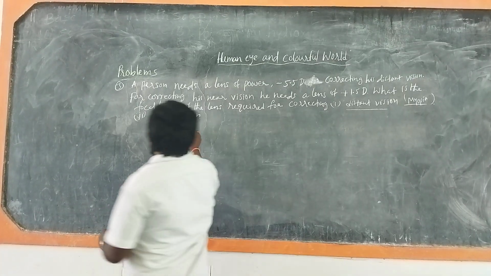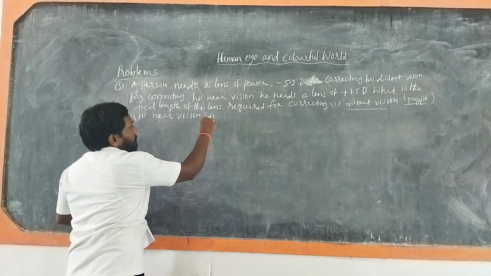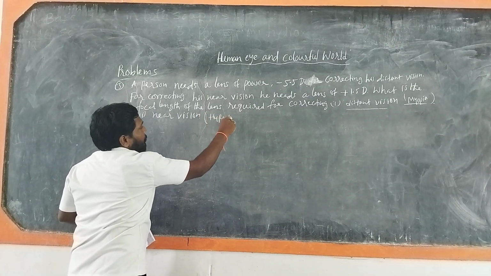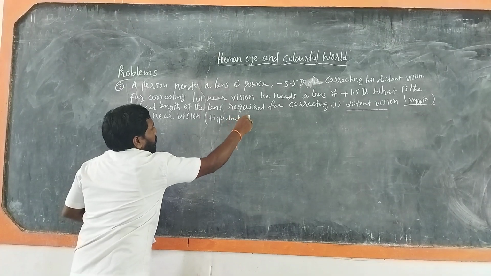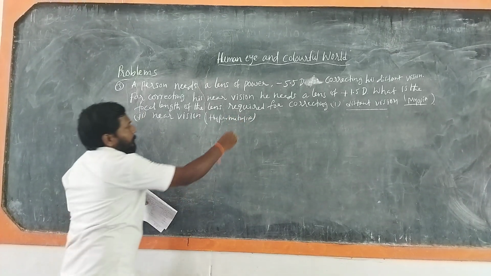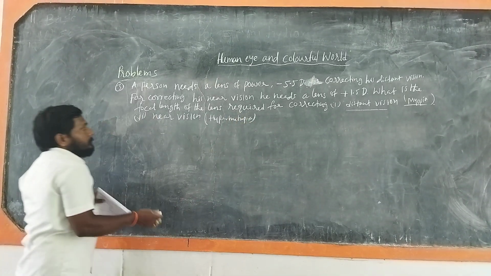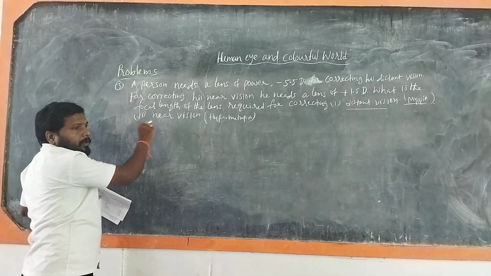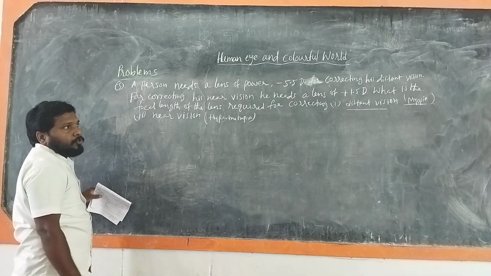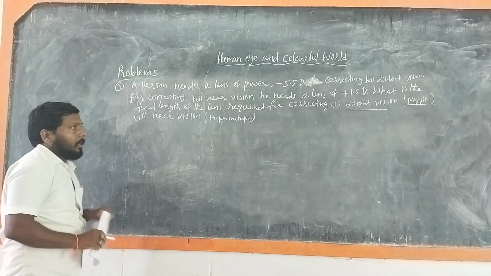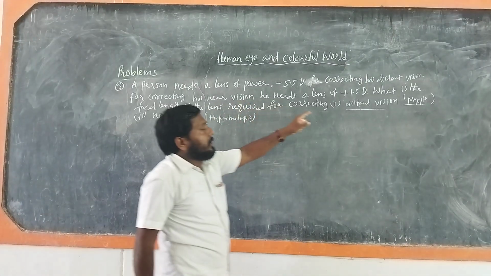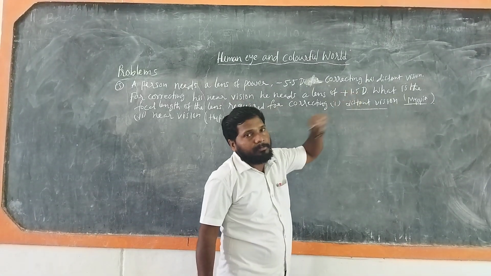Similarly, near vision means hypermetropia. Which lens do you have to use to rectify hypermetropia? A convex lens. So the power of the convex lens is plus 1.5 diopter.